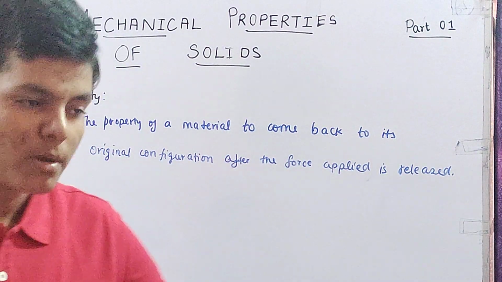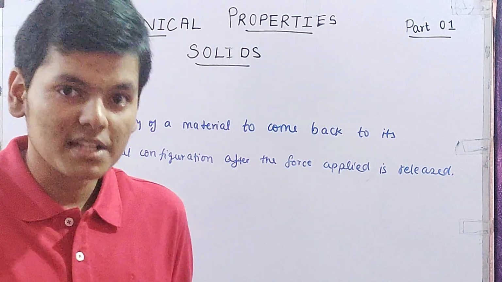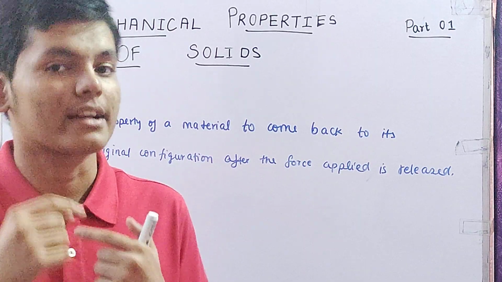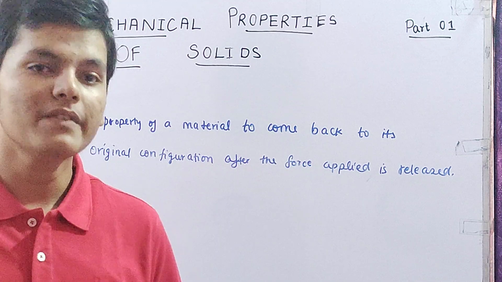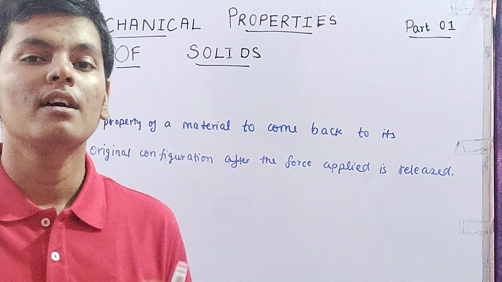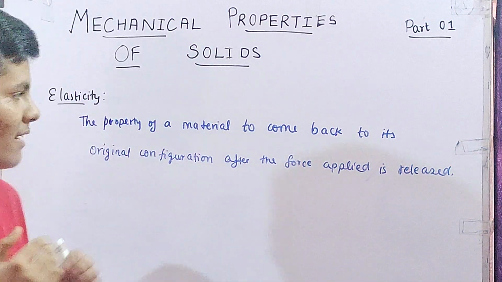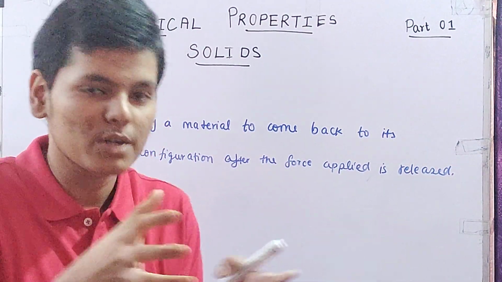When we talk about elasticity, we think about rubber, and our assumption, our stereotype, is correct because we are correct in defining rubber as an elastic body. But the way we define it is different. In our conventional thinking, elastic means something which can be pulled or stretched. But in physics, elasticity means the ability of an object to come back to its original place.